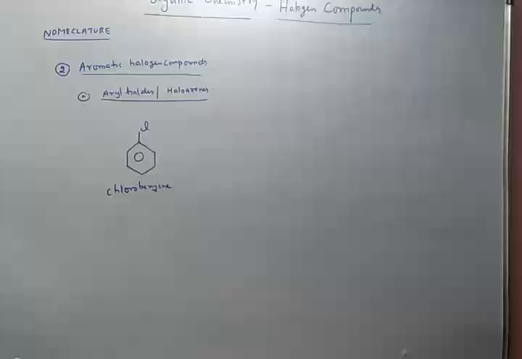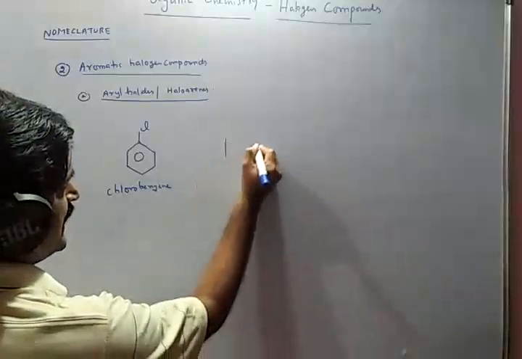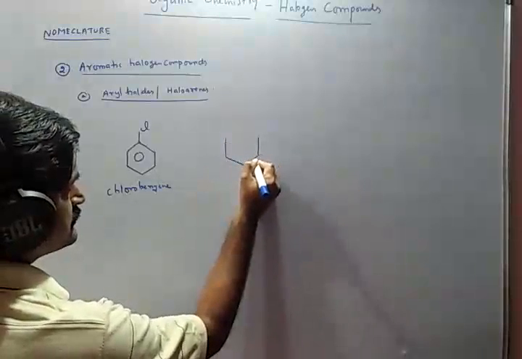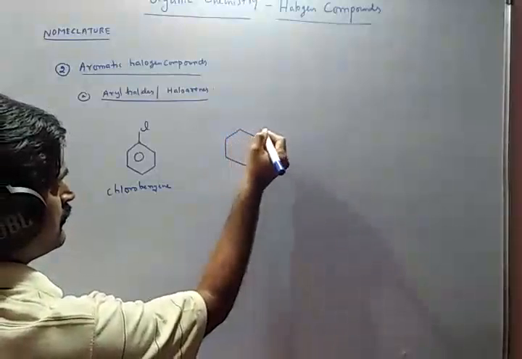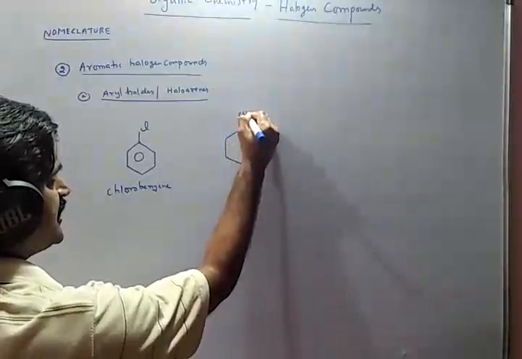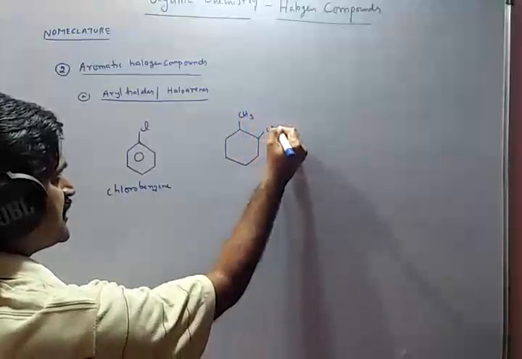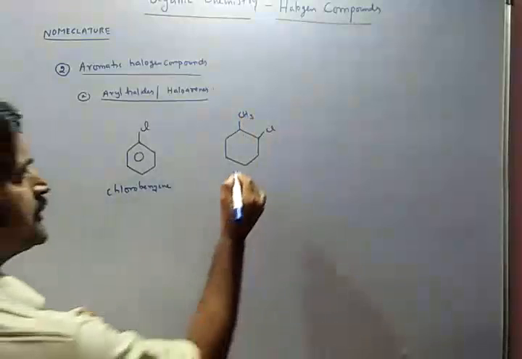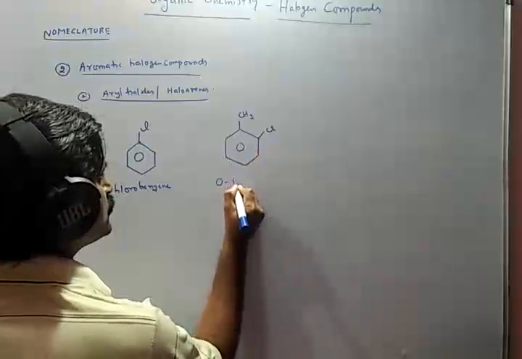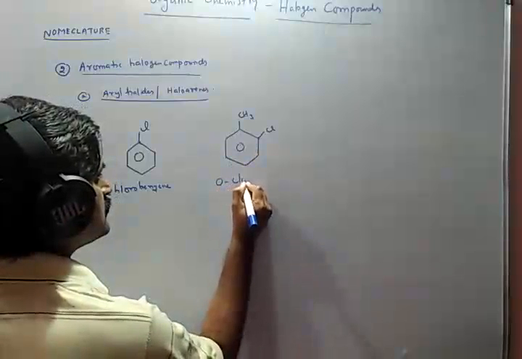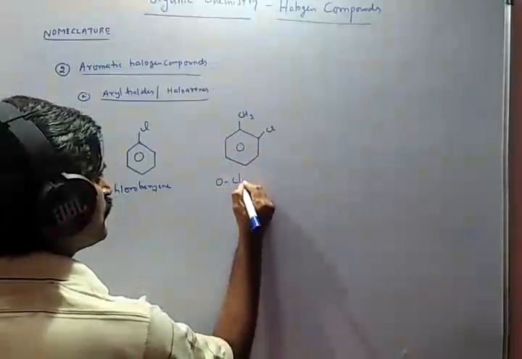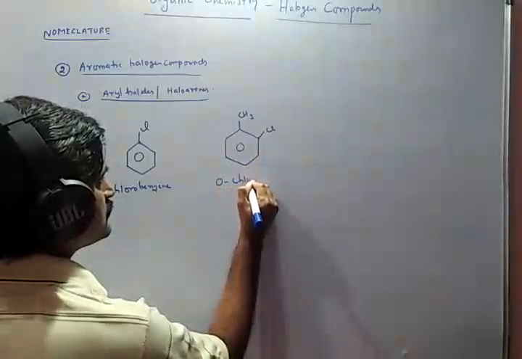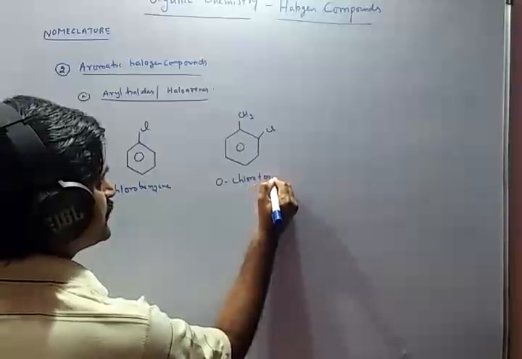Moving on to another example, we have a benzene ring with one CH3 here and one Cl present here. In such a case, this is called orthochlorotoluene.